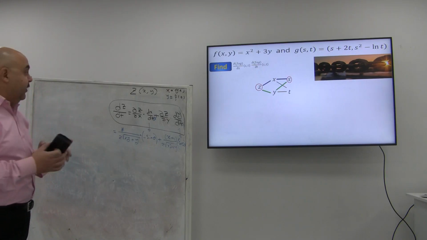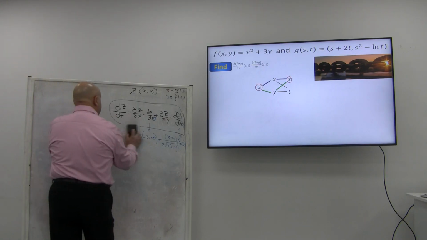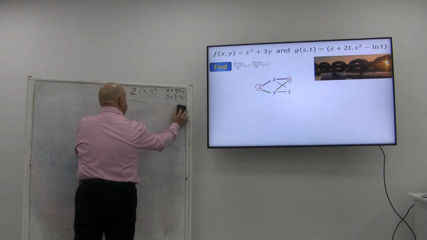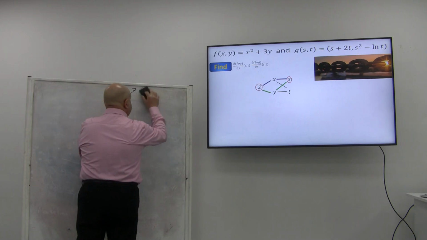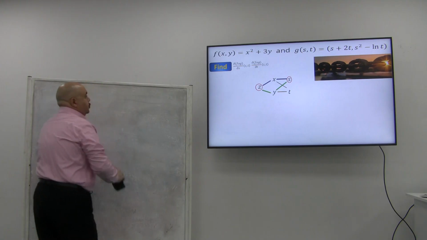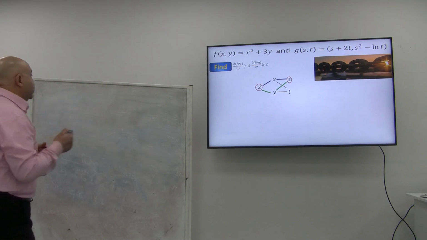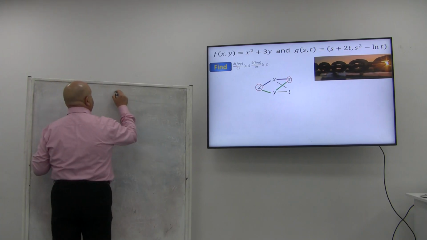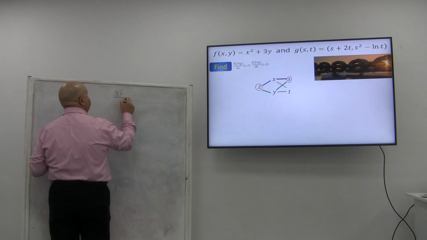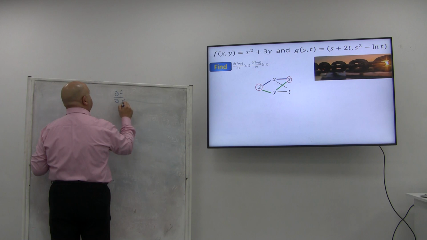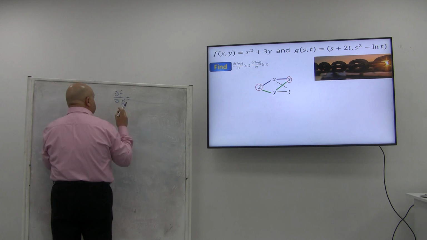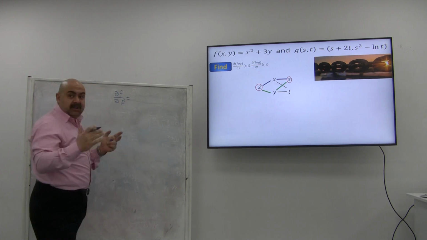So now, if I want to do this rule or to find these derivatives, it's very, very simple. And it's exactly like the problem that we saw earlier. So all I have to do is to start with this. I need to find partial f and partial s. So all I have to do is to differentiate f with respect to its main variables.